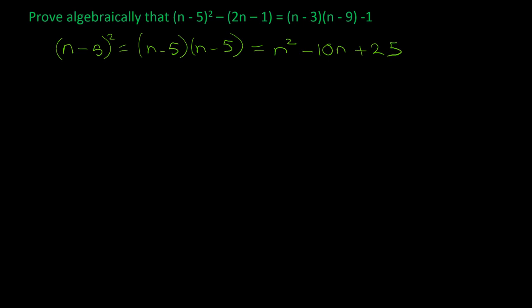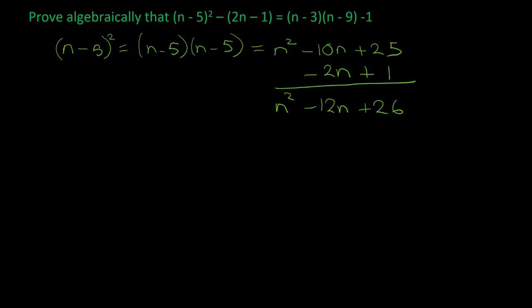Now we've also on the left hand side got minus (2n plus 1). So when we remove that bracket, we'll have minus 2n and minus 1. So altogether on that side, we've got n squared minus 12n plus 24.